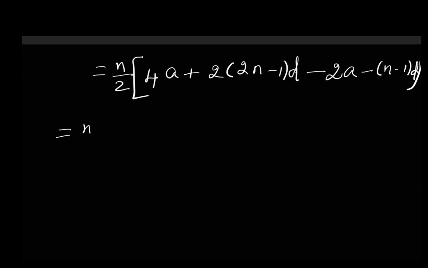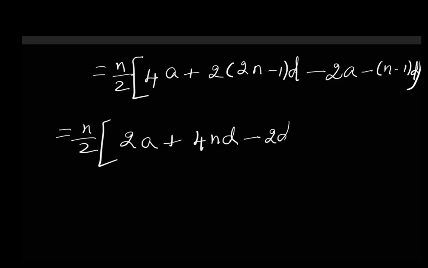So n by 2 into (4a minus 2a is 2a, plus 2 twos are 4nd, minus 2d.